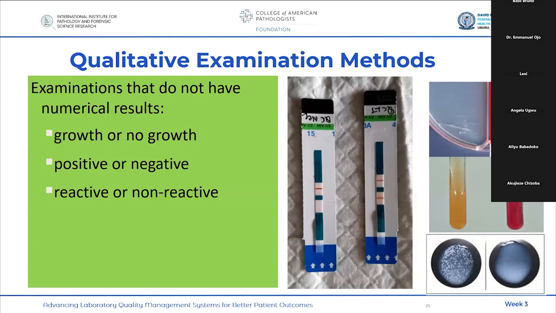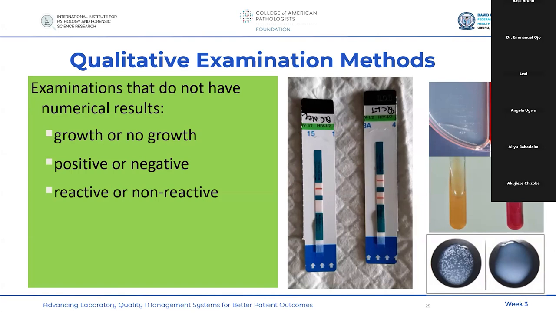So looking at qualitative examination methods, they do not have numerical results. It's not a game of numbers. For this, it's either there's growth or there's no growth.